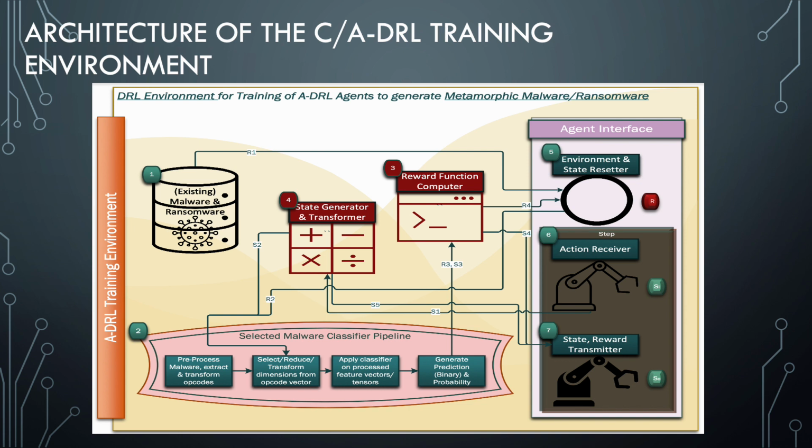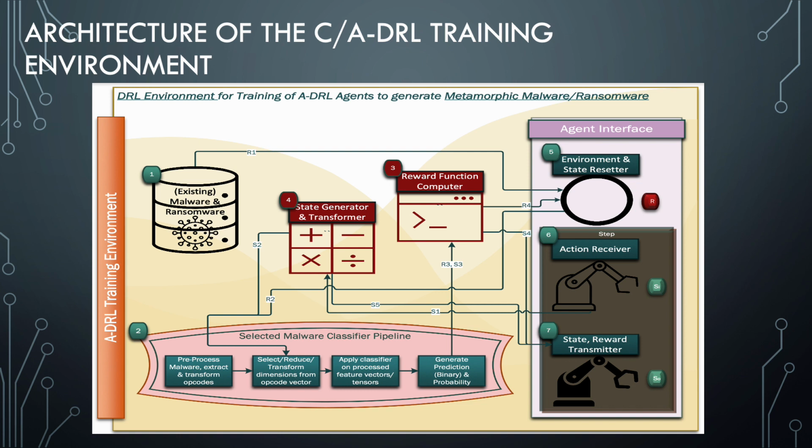Then number two component is a challenger system pipeline, which mimics some of the advanced systems that could be deployed for detection of malware in any of the systems. We'll talk more about it in the later slides. Then we have number three, which is a reward function computer. This is important to give rewards to a particular agent such that it can learn an effective policy.